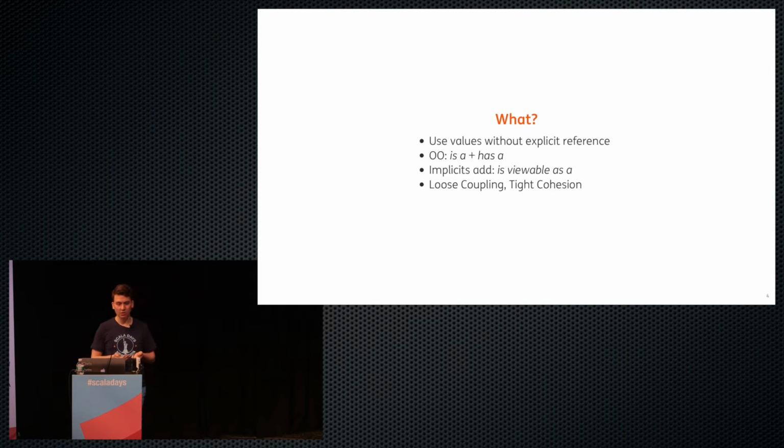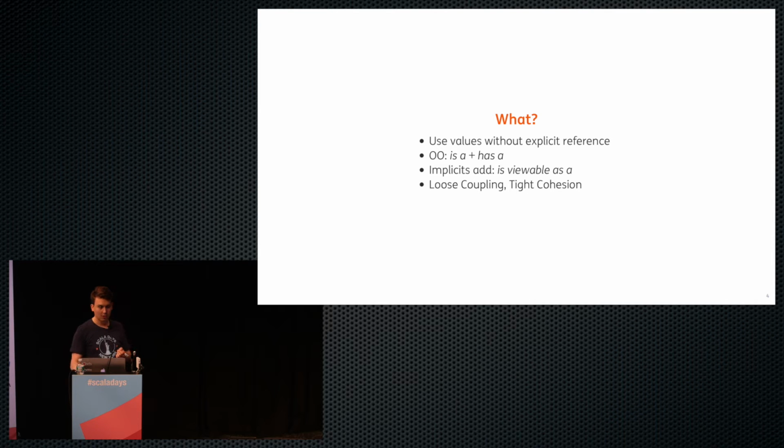This allows us to have small core interfaces and add rich views on top of them. And in the end, it gives us loose coupling, because you have the small interfaces which have tight cohesion with views defined on them.